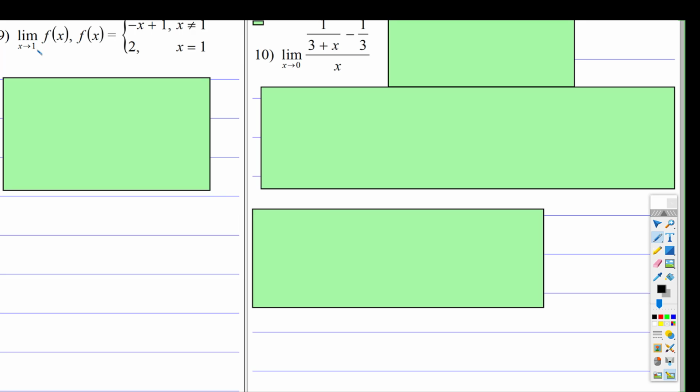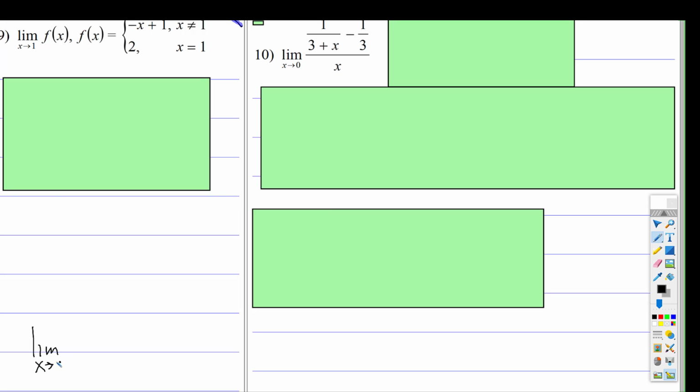This is not one-sided. We're not asking about discontinuity. What we know is that this one right here is going to have a hole in it. Well, look, if there's a hole in that graph, from the left and from the right, they're going to be headed towards that same place.